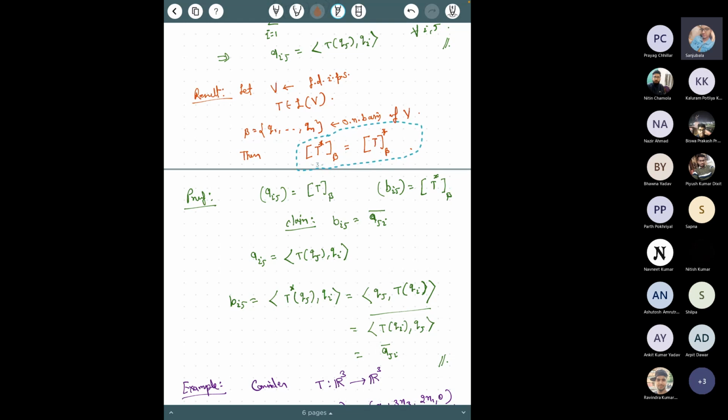It's also invertible. Why? Sir, because the determinant of the matrix of T is non-zero. Yes, if T is invertible, that means the matrix of T is invertible, which you can characterize in many ways, such as the determinant being non-zero. That means the matrix of T star is invertible.